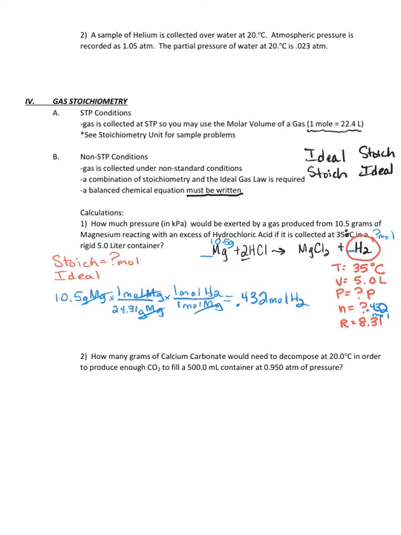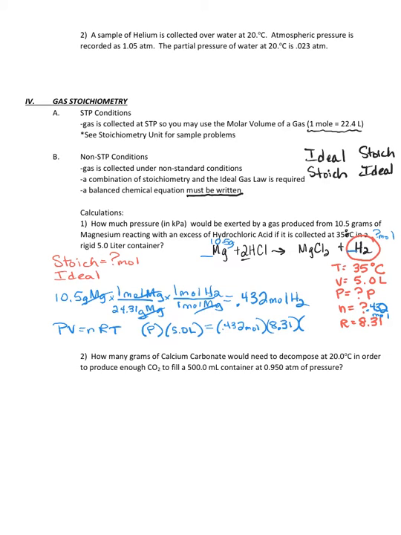So we can go back and use our ideal gas law now. PV equals nRT. P is our unknown. V is 5.0 liters, and remember, liters is good. Our N is 0.432 moles. R is 8.31. We're picking that value because they want the pressure in kPa. And temperature has to be in Kelvin, so we have to add our 273.